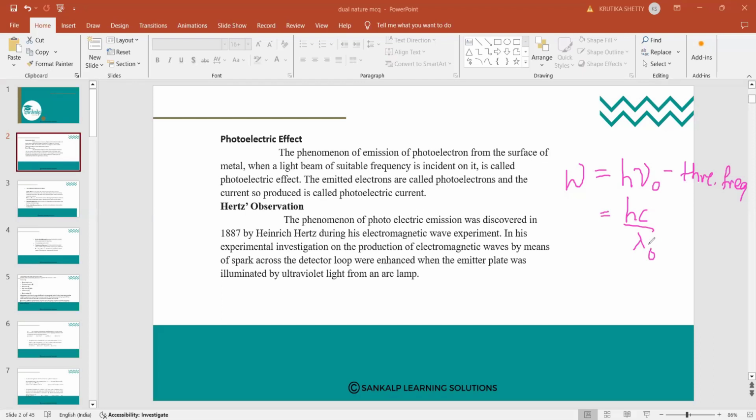Okay, threshold frequency, threshold wavelength. Therefore, the frequency is also written as c divided by lambda naught.